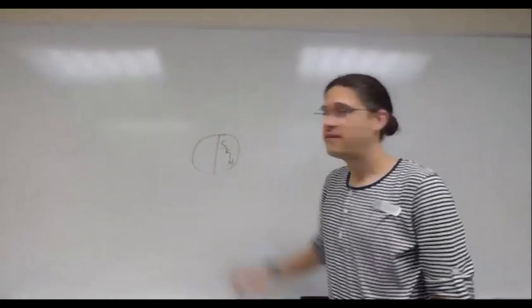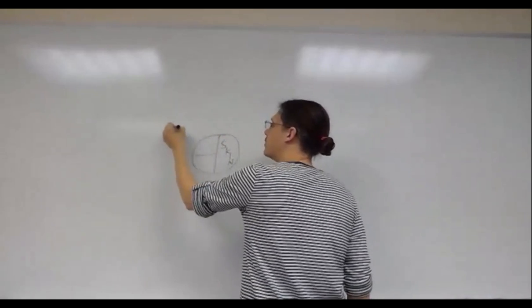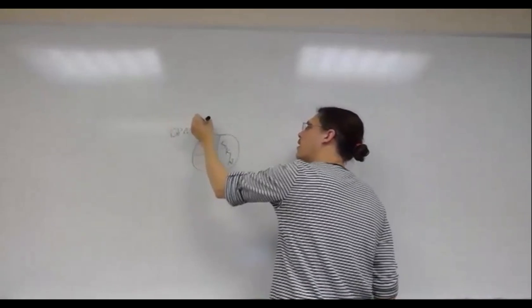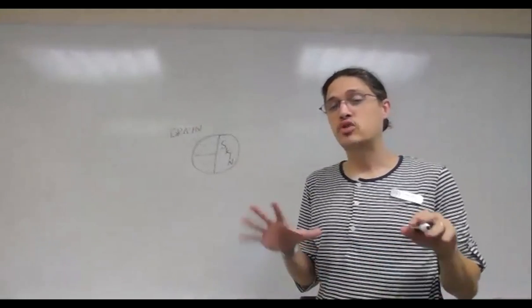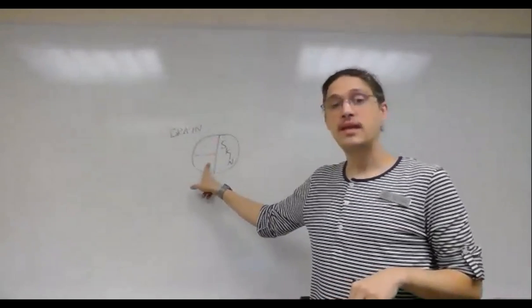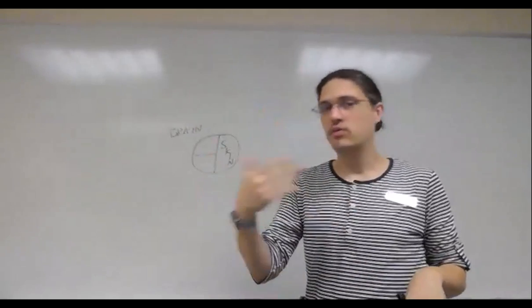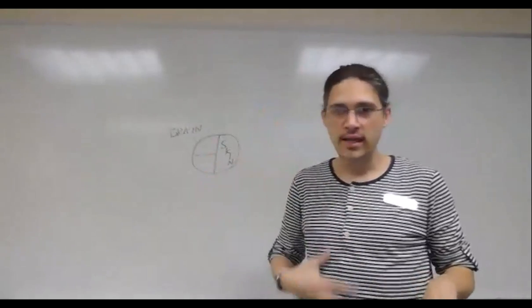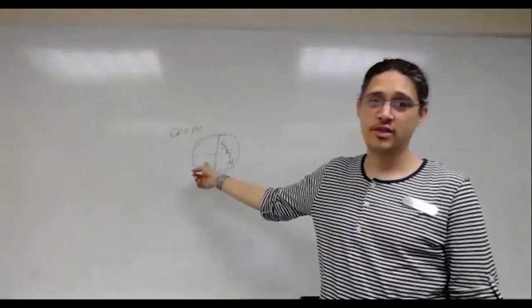Of the remaining half, half of that is in your brain. So your brain is holding about 25% of all the blood in your body. The remaining 25% of your blood is everywhere else. All of your bones, your muscles, your vital organs, all of that is getting the remaining 25%.